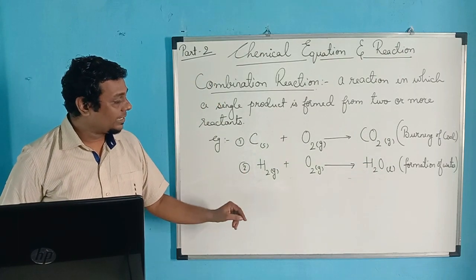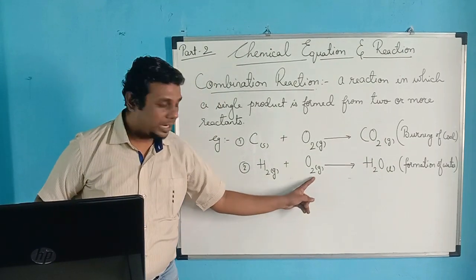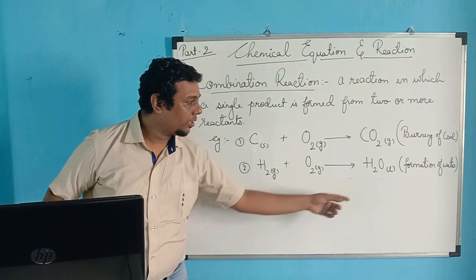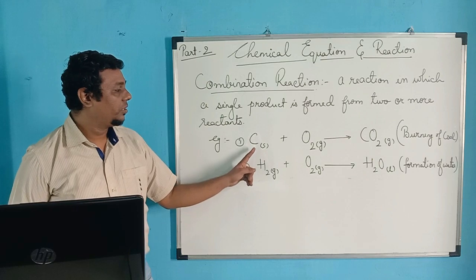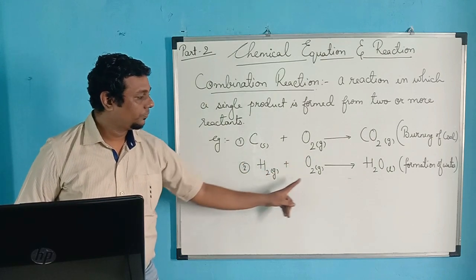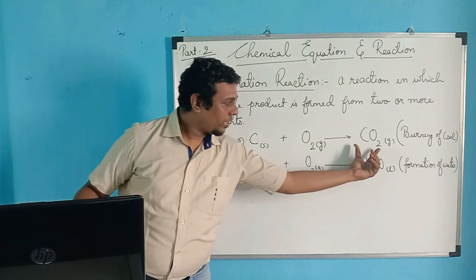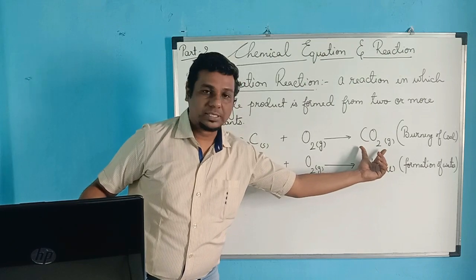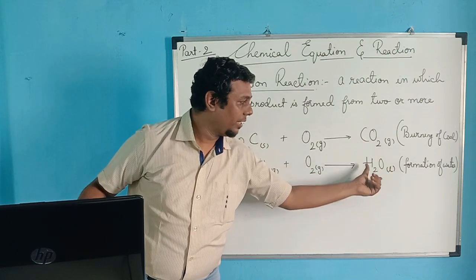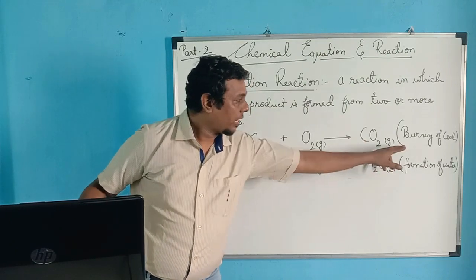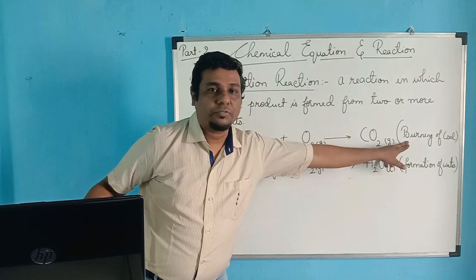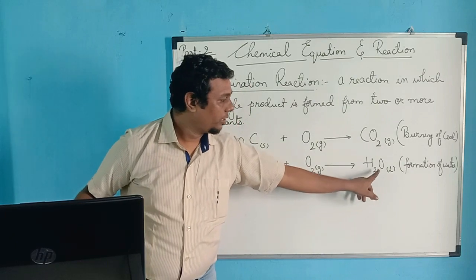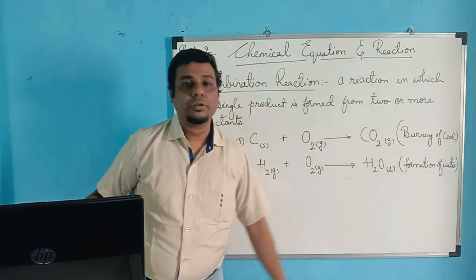Again, in the second example, hydrogen and oxygen combine together to give us water. Here you can see there are two reactants, but the product that you obtain is single, carbon dioxide and water. I have written in the bracket that this is due to burning of coal. In the same manner, this is due to formation of water.